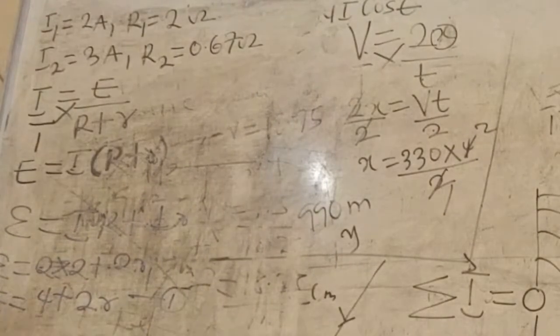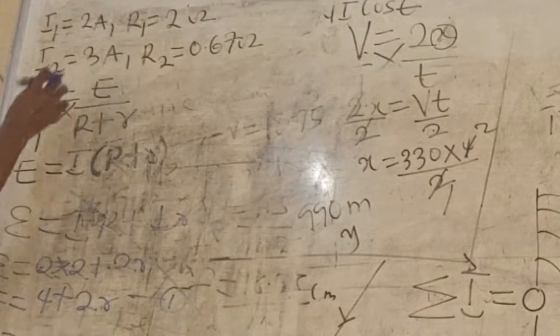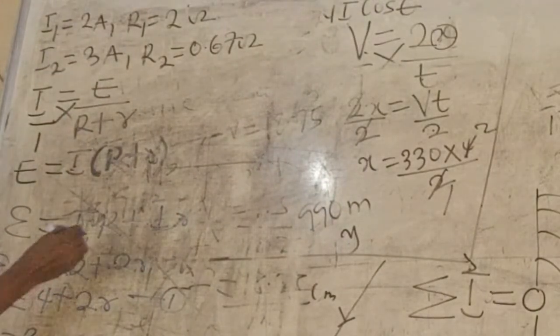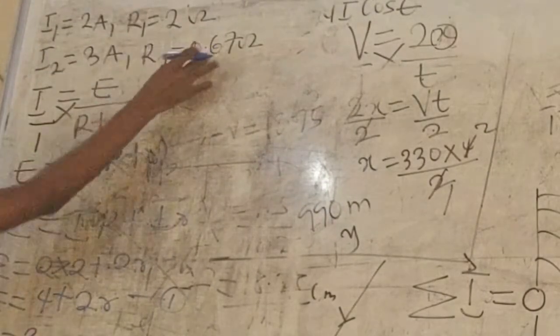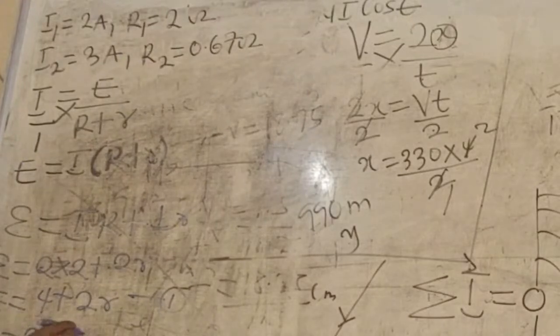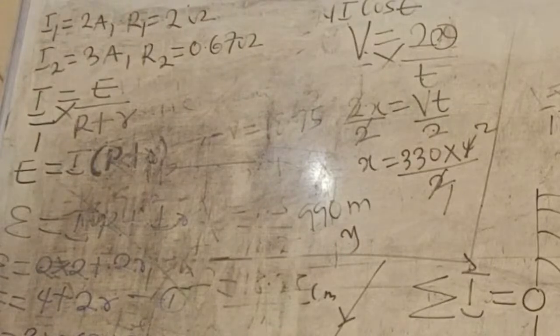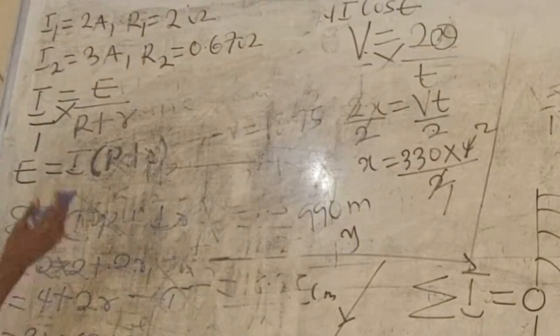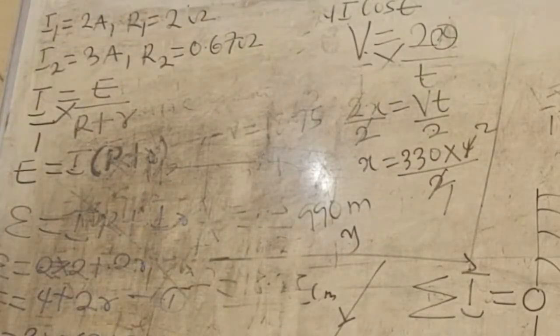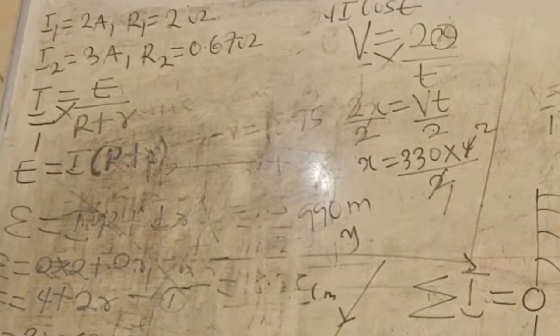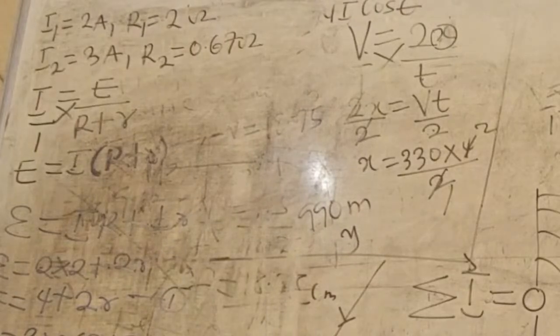The second one, E is equal to the second current, that's 3 times the resistor, 0.67, plus the second current, that's 3 times the internal resistor, r. What's 3 times 0.67? That's 2.01, then plus 3r. That's equation 2.